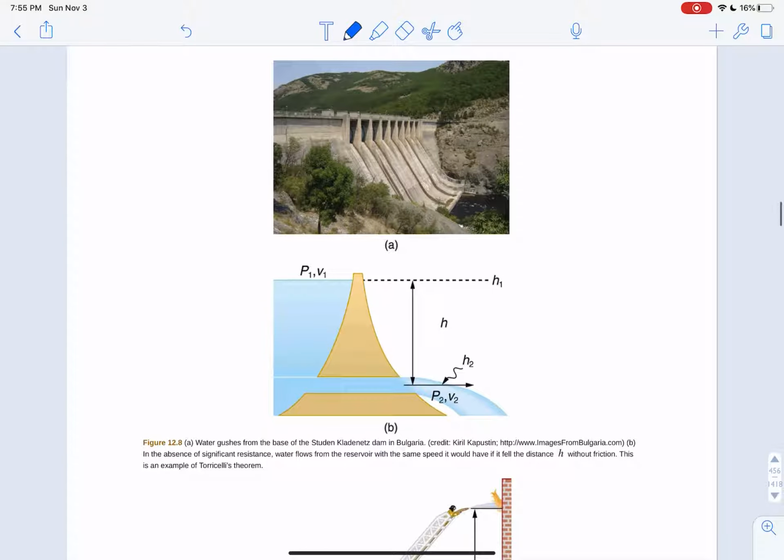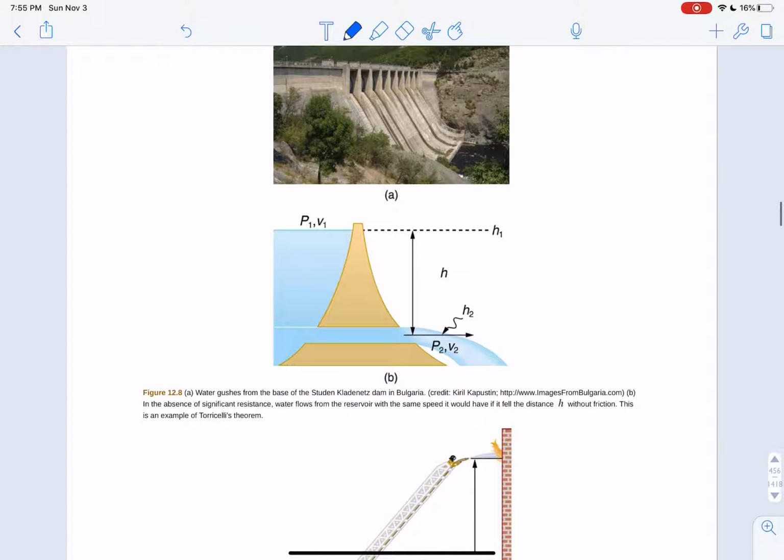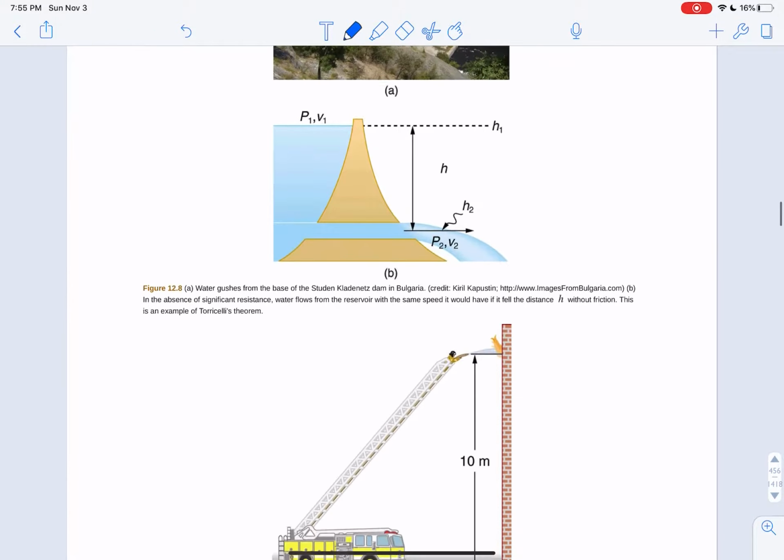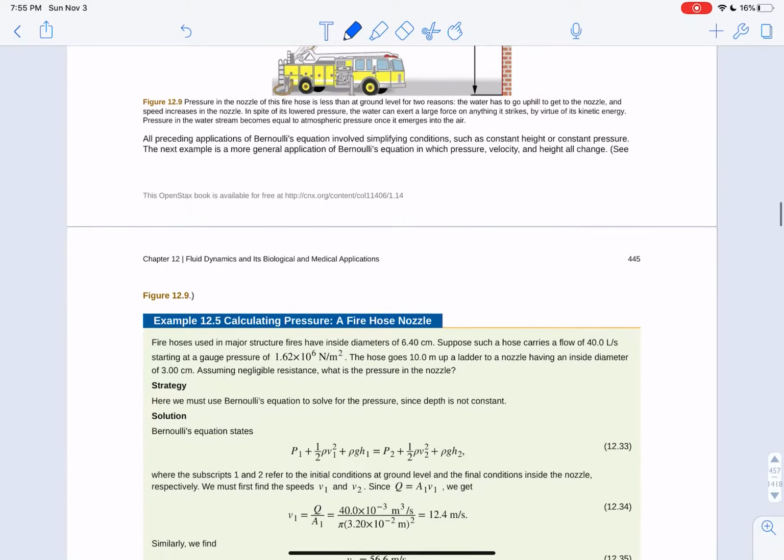So let's say you've got a dam and you've got water shooting out of the bottom of this. You can just calculate how fast the water would be coming out of the dam. It's just 2gh plus v1 squared, and square root that.